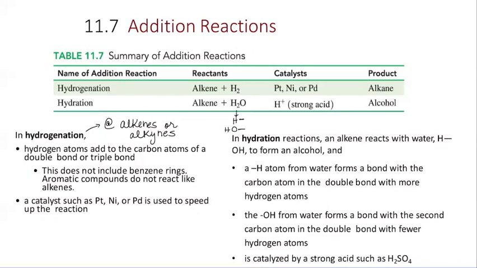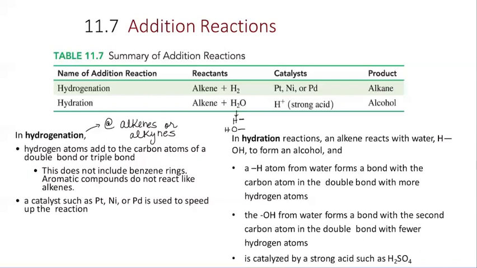So if you take an alkene and break the double bond, to one of those carbon atoms you add the hydrogen, and to the other you add the OH. Because you're adding OH to a carbon atom, that means we're making an alcohol.